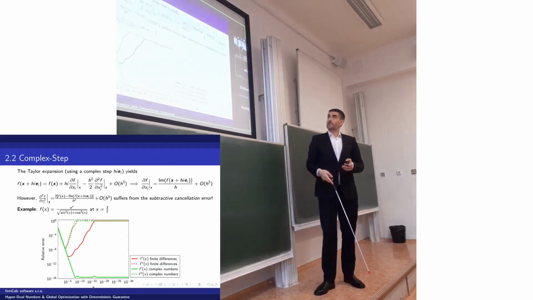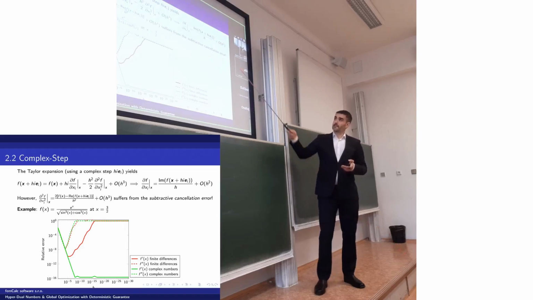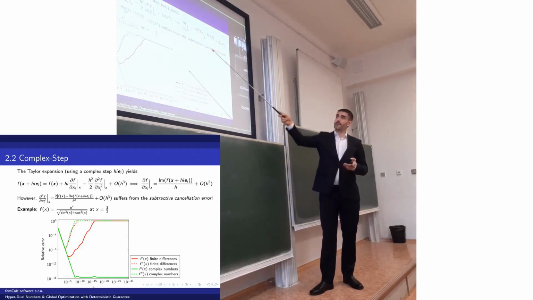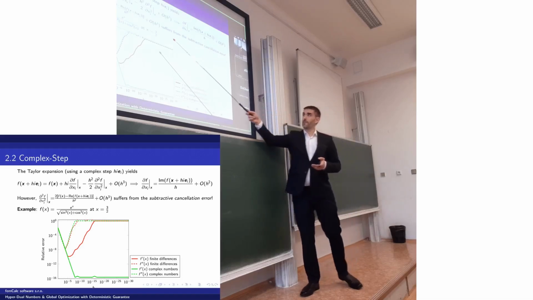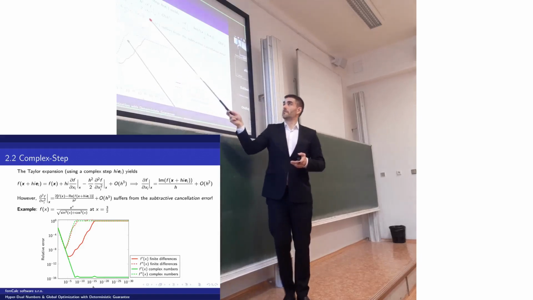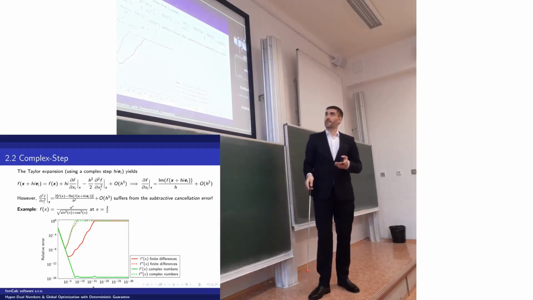Now let's go to the complex step method. The complex step method is based on a very clever idea. You again make the Taylor expansion at the point x where you want to evaluate derivatives, and you make a step in the component i, which you want to evaluate, in the imaginary direction, so h times the imaginary unit times e_i.